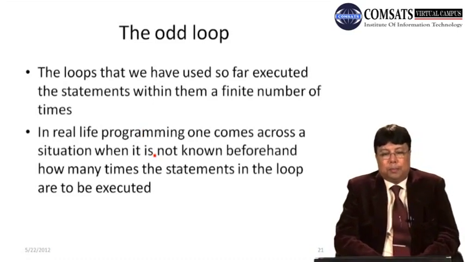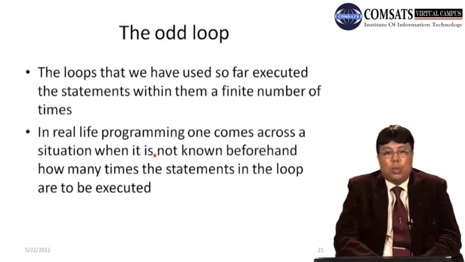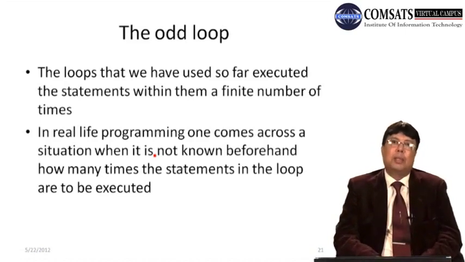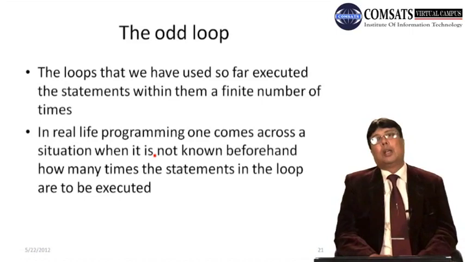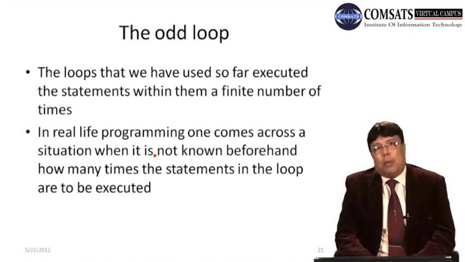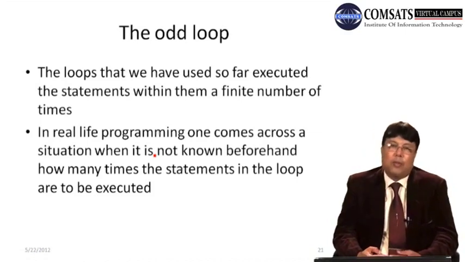OR loop. The loops that we have used so far execute the statements within them a finite number of times, less than 10, greater than 10, up to 100, up to 1000. You just keep on executing the loop for a specific number of times.